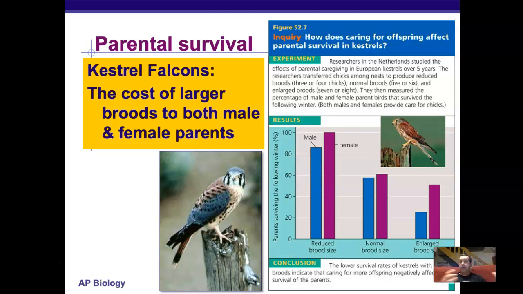So there's also this idea of parental survival. Okay. Parents survive the following winter. There's a cost of large broods for both male and female parents in things like the kestrel falcons. If they have a lot of offspring, typically not as many parents survive and have babies the next generation.